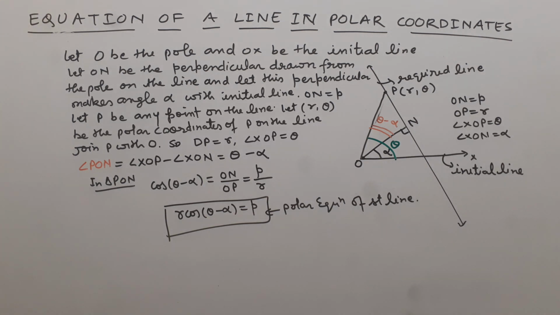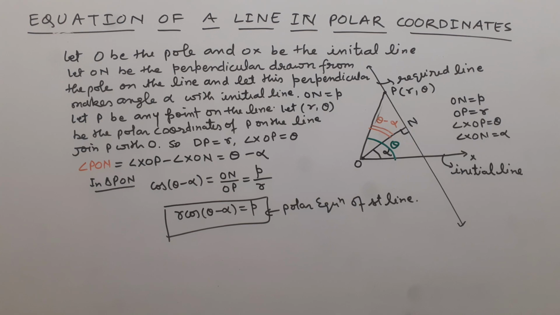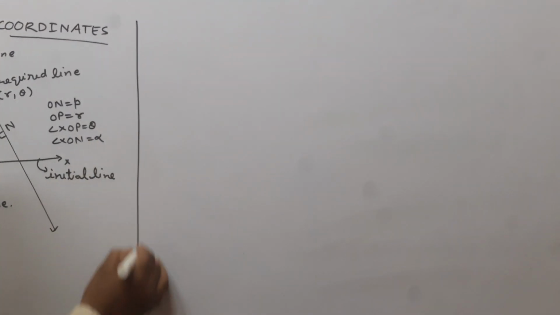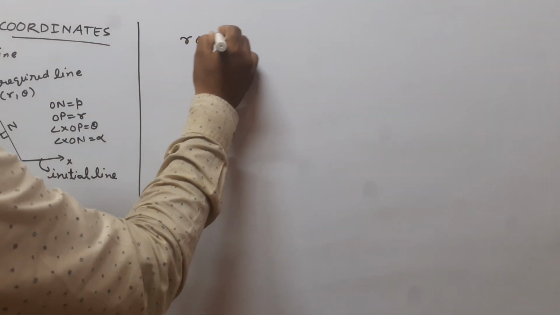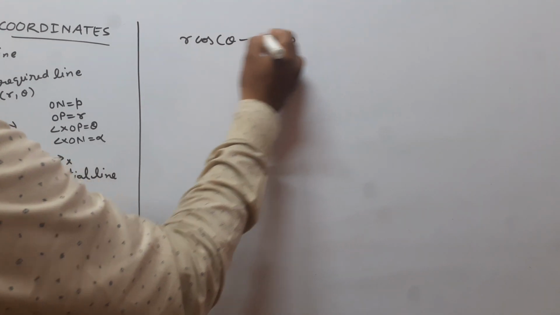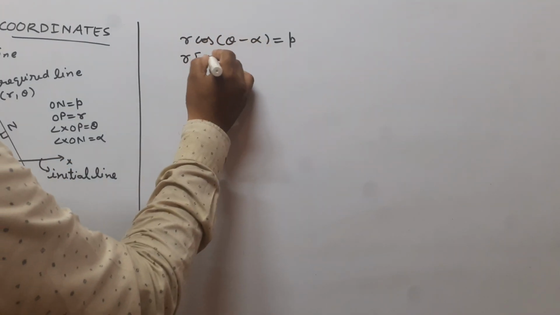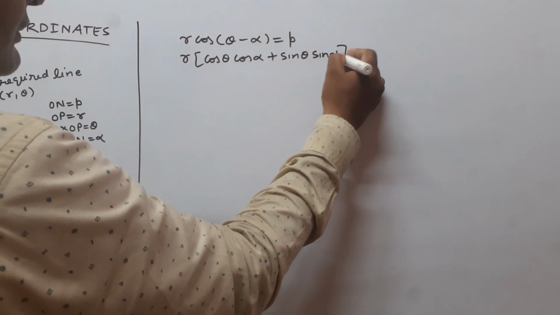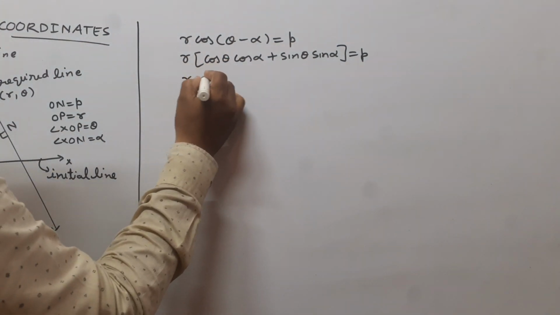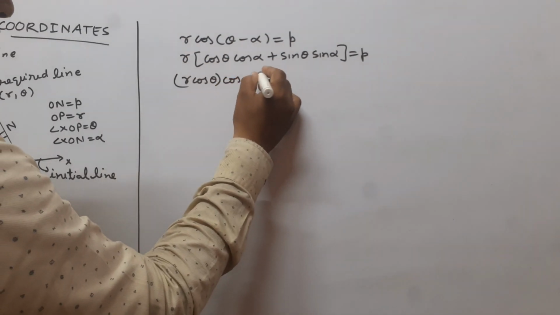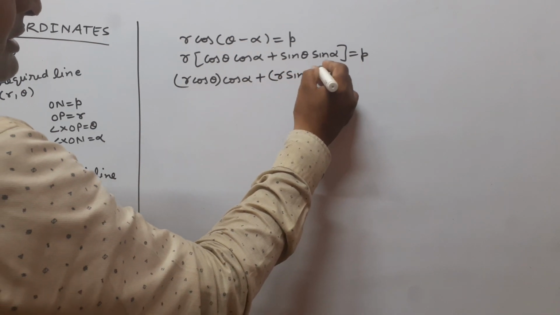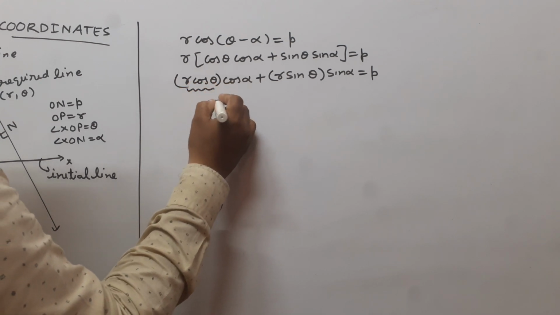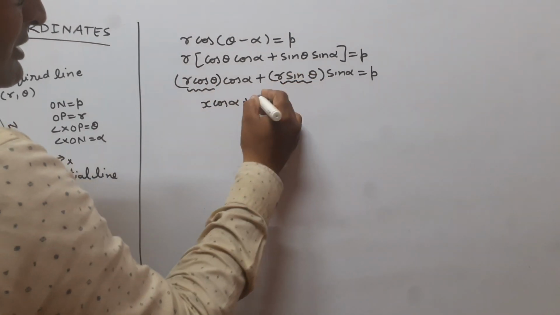Now we convert this polar equation into Cartesian form. We know that using the formula cos(A minus B), this is cos theta cos alpha plus sin theta sin alpha is equal to P. Now this can be written as r cos theta into cos alpha plus r sin theta into sin alpha is equal to P, and r cos theta is equal to x and r sin theta is equal to y.